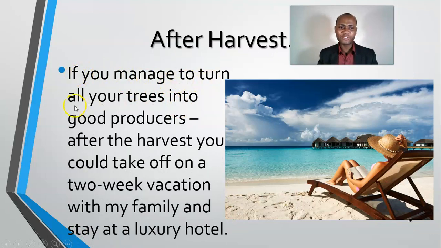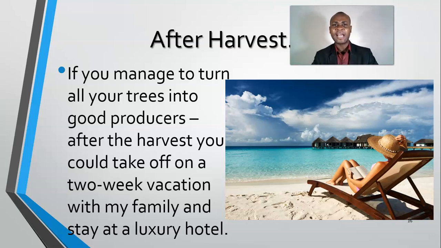If you manage to turn all your trees into good producing trees, after harvest you could take a 2 week vacation with your family and enjoy the last week. What I'm saying is that on your farm presently, only 30% of the trees are giving you the yield you are receiving right now. That is the reality according to research.